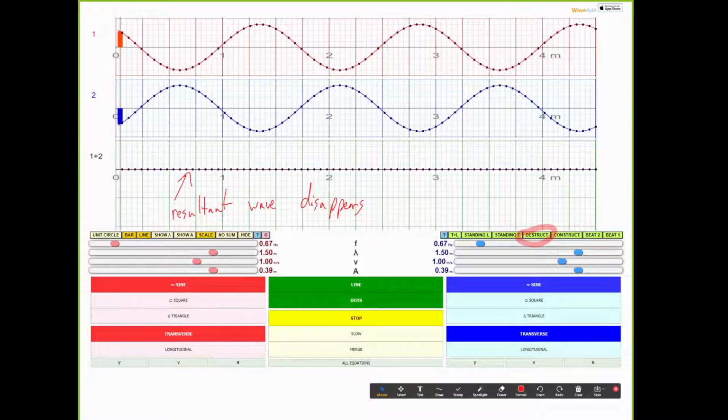All right, Trey, tell me in your group, what was your prediction about mathematically what's happening here? So the lines where the wave is going, you take the distance from that line to where the wave is for both of them, and you add them together. Can you be a little more explicit?